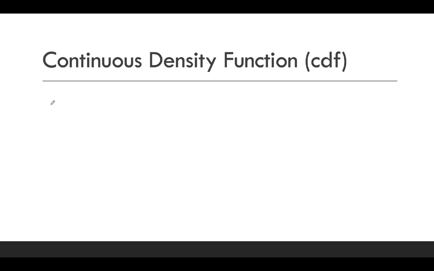One small difference from that video is they refer to the density curve, and the density curve basically is the curve described by the function, or the continuous density function, CDF, which for short we will just be using little f of x.